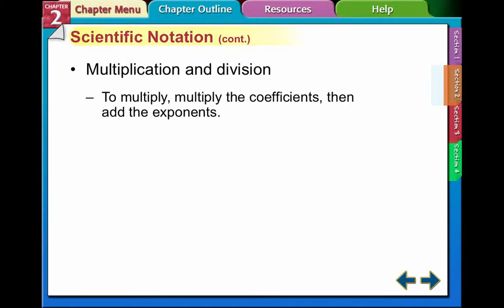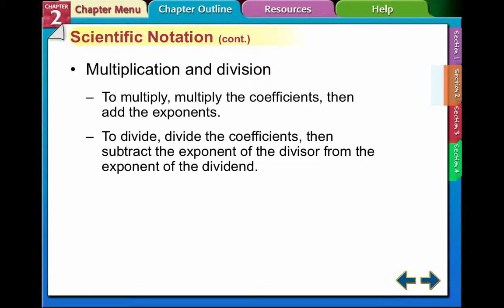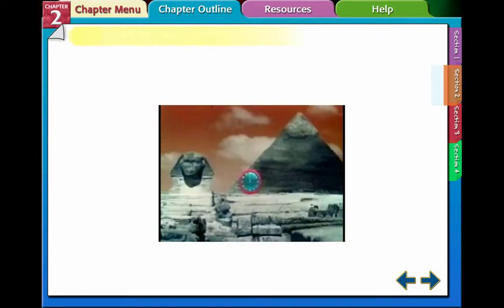Multiplying and dividing is a little different, but pretty simple. To multiply, multiply the coefficients, then add your exponents. To divide, divide the coefficients, then subtract the exponent of the divisor from the exponent of the dividend. And go ahead and watch the movie.